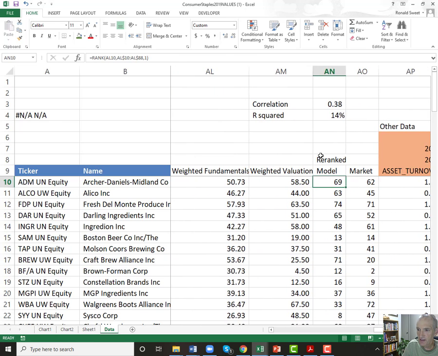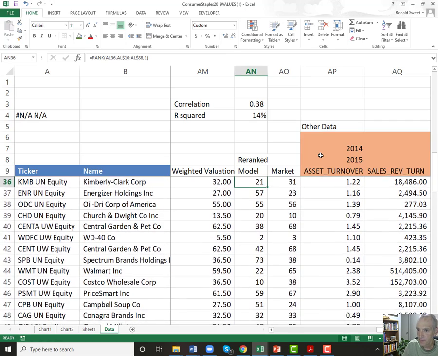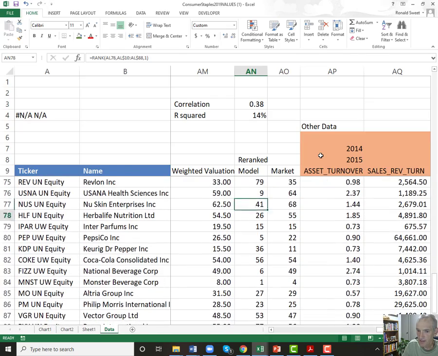What I'm figuring out is if the rank on my model matches up with the rank in the market. Is my number 1 company also the most expensive? We see here Monster, for some reason this model has always liked Monster. Monster is ranked number 1. It's the 4th most expensive, so it's pretty close.